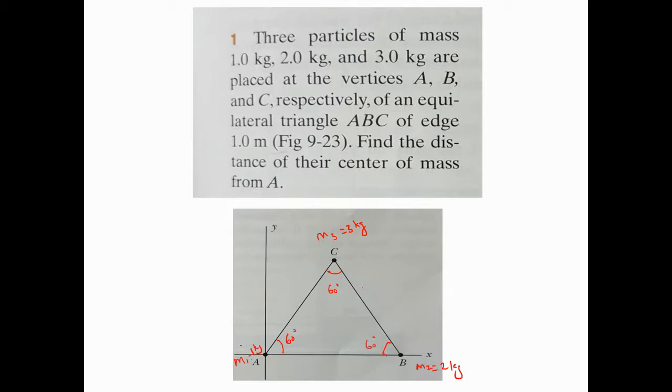And then they say the sides of this triangle are exactly the same for all the sides, that is 1 meter. That means from A to C, C to B, and A to B, my value is 1 meter.